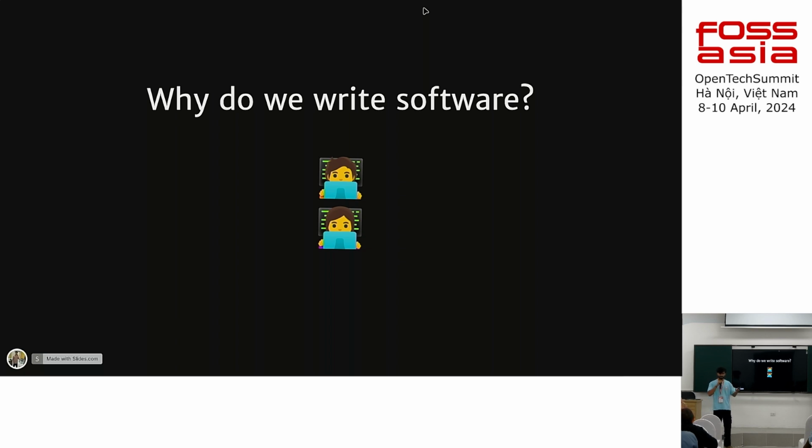We came up with an idea that there is a problem in the world and we want to fix it or make it better. So we write software as developers to fix the world's problems. And that's great, but we only have so much insight into the world and the problems that it has. So by open sourcing our software, we make it available to the world and they can contribute or improve it.